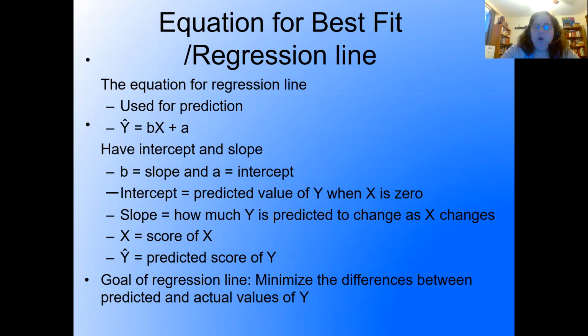For every 1 unit change in x, how much does y change? x is our score of x, and y hat, remember, is our predicted score of y, our y on the line. And if you recall, the goal of the regression line is to minimize those differences between predicted and actual values of y.